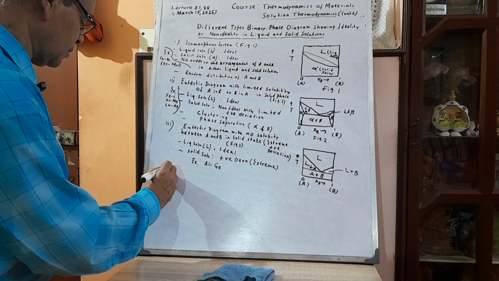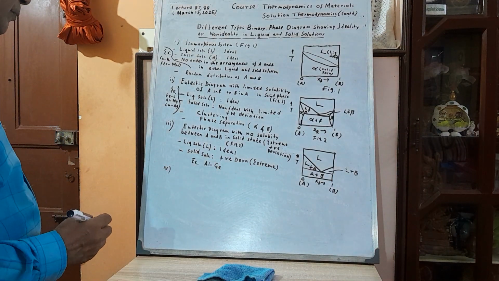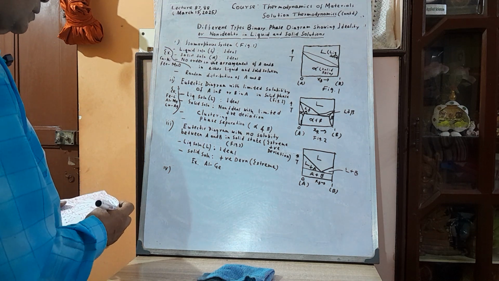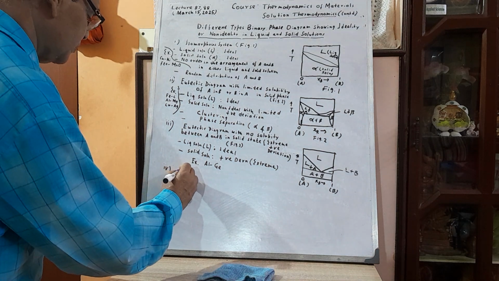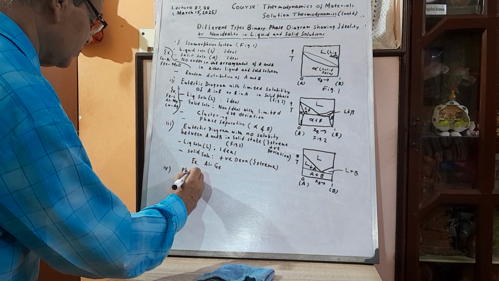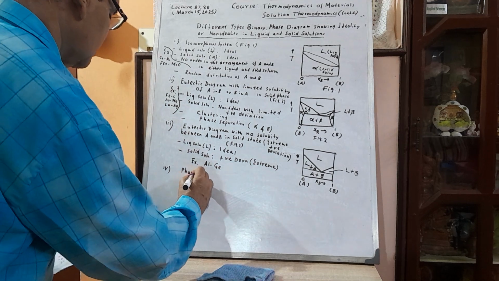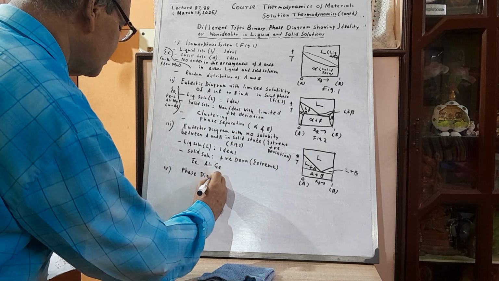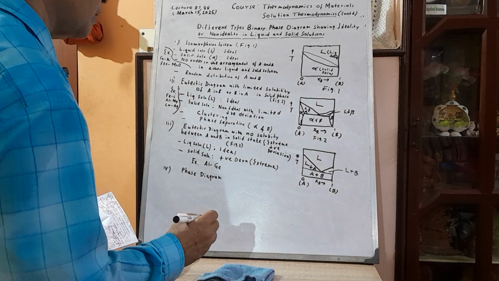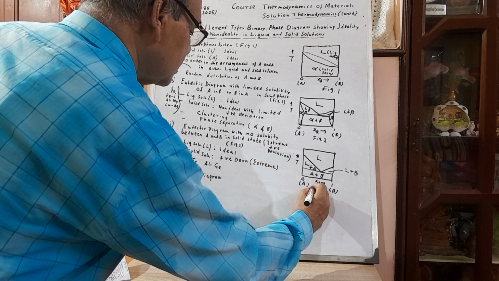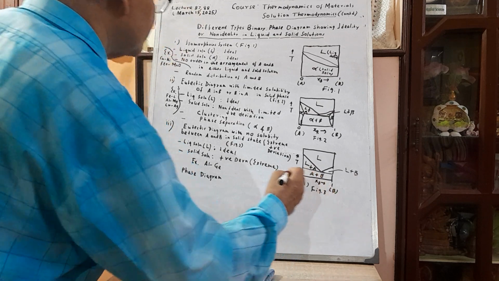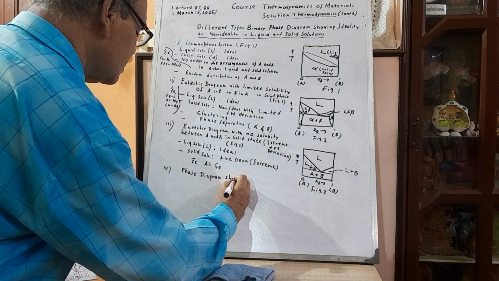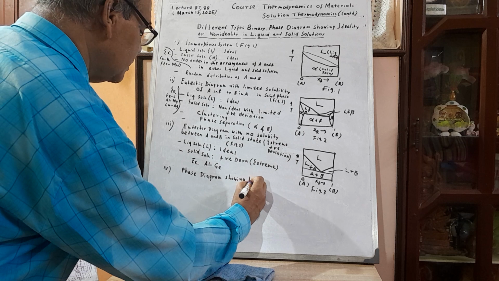The fourth, the last but one, is what you will have to consider: phase diagram. Phase diagram showing intermediate compound formation.